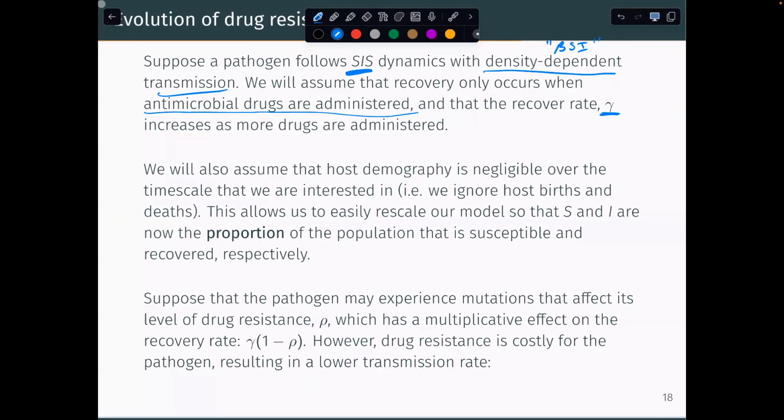So gamma here is greater than or equal to 0. We can think of gamma as our level of drug, or at least it correlates with the level of drugs that we're applying to the system. Ordinarily people don't recover, but if you administer this antimicrobial drug, then they're able to recover.